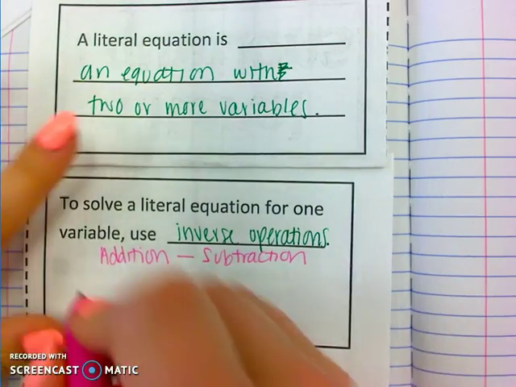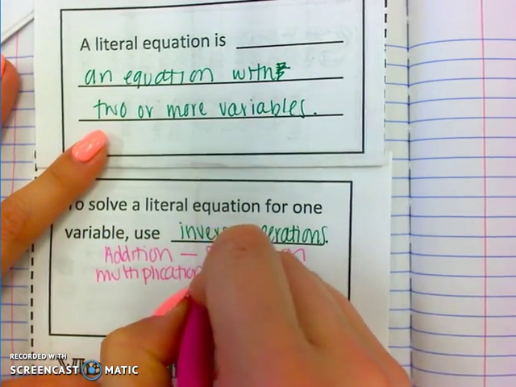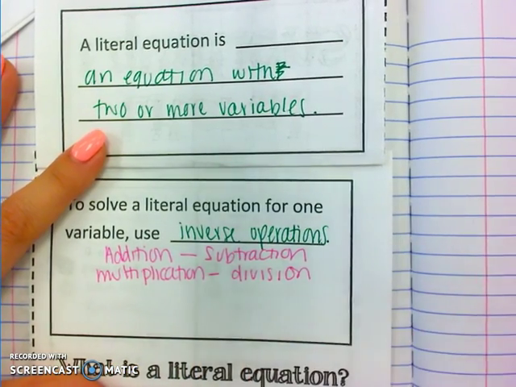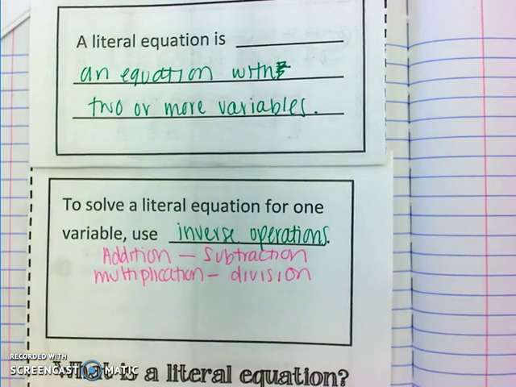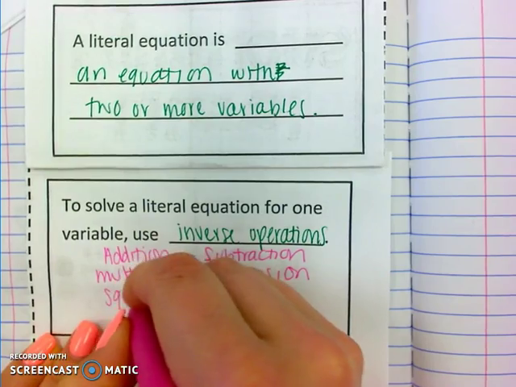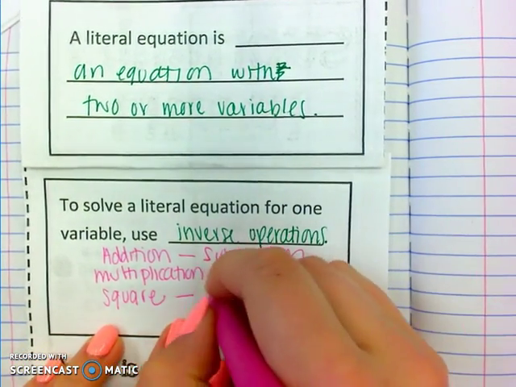If it's multiplication, the inverse is division. If something is squared, then the inverse of squaring something is square rooting it.